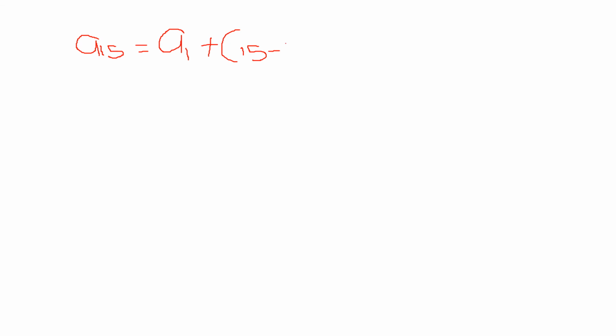Maging 14 na lang siya. 15 minus 1, D. So, ang difference natin dito ay negative 3. So, magkakaroon tayo ng A15 natin ay 12 equals A sub 1 plus 14 times negative 3.